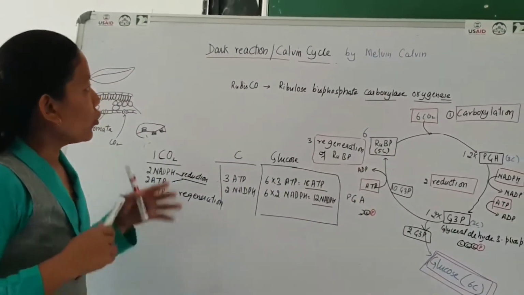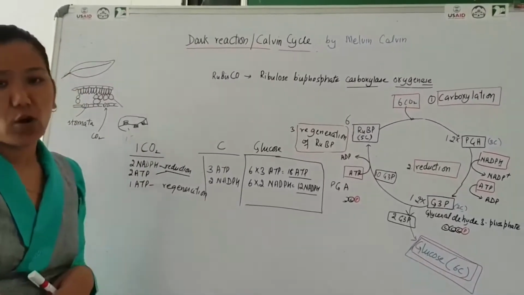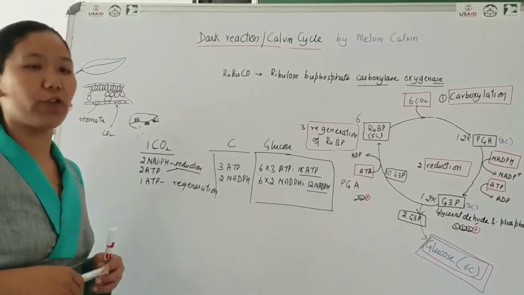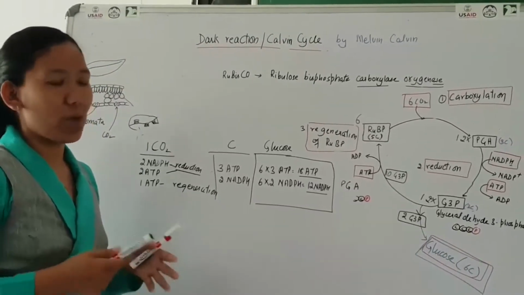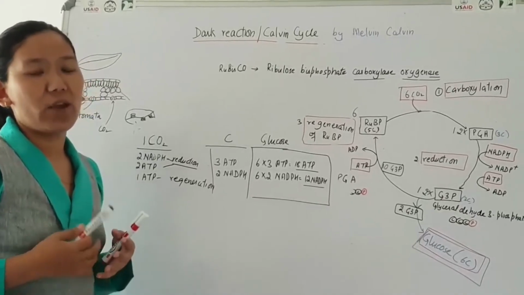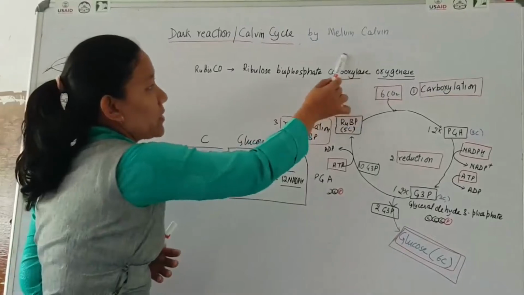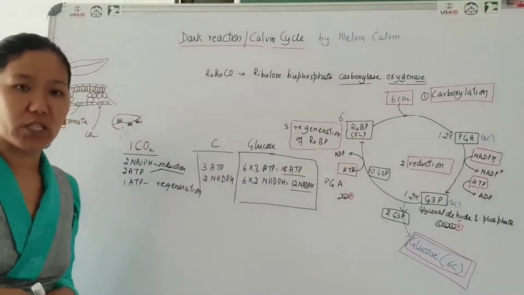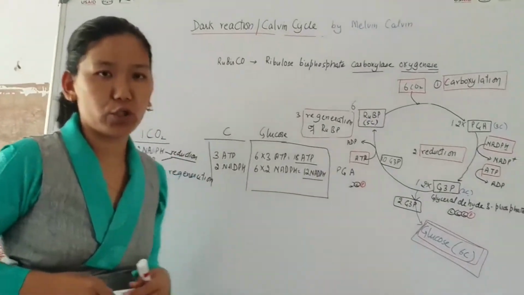So Rubisco may either act as carboxylase or act as oxygenase. But luckily, if the density of oxygen and carbon dioxide inside the leaf is almost similar, it prefers to act as carboxylase rather than oxygenase, thereby leading to synthesis of glucose.